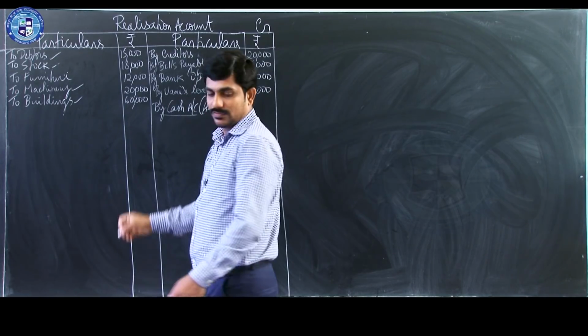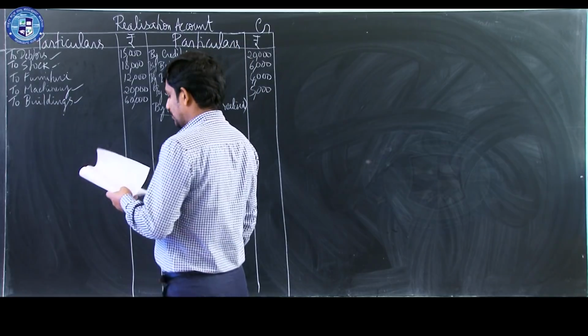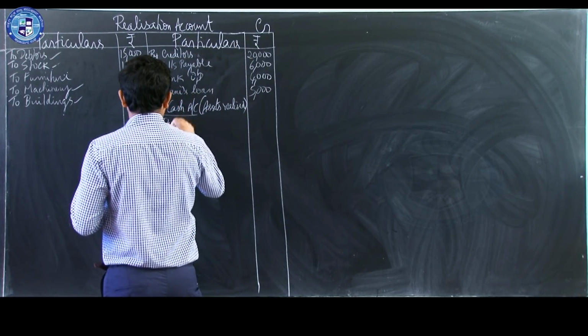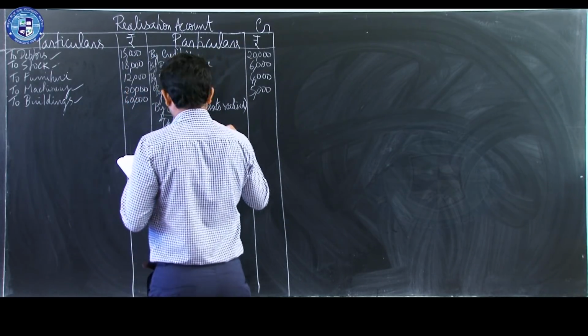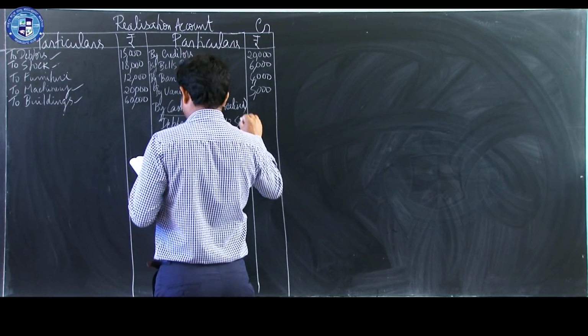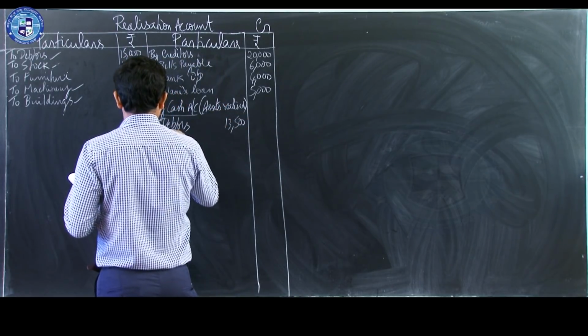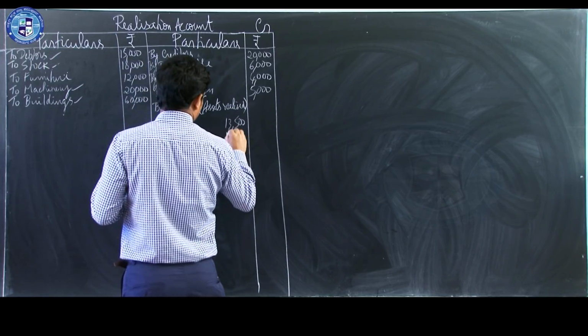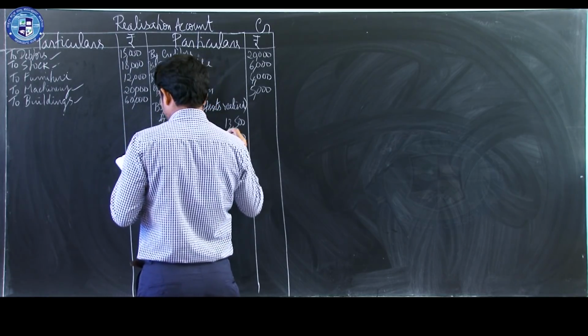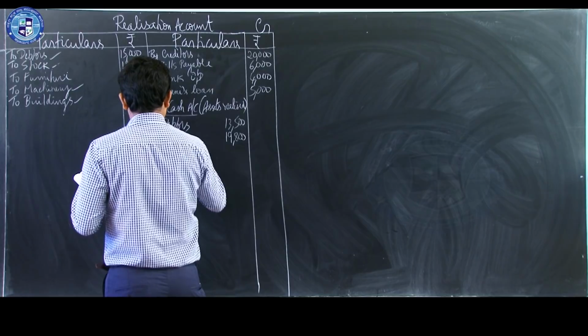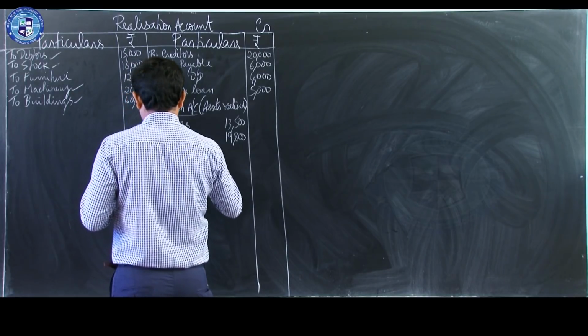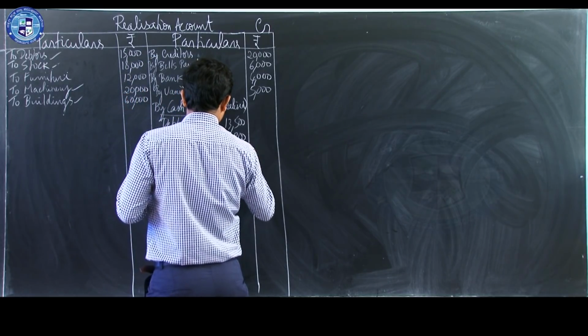So write one below the other. Which assets are realized? Debtors 13,500. Stock 19,800. Buildings 62,000.